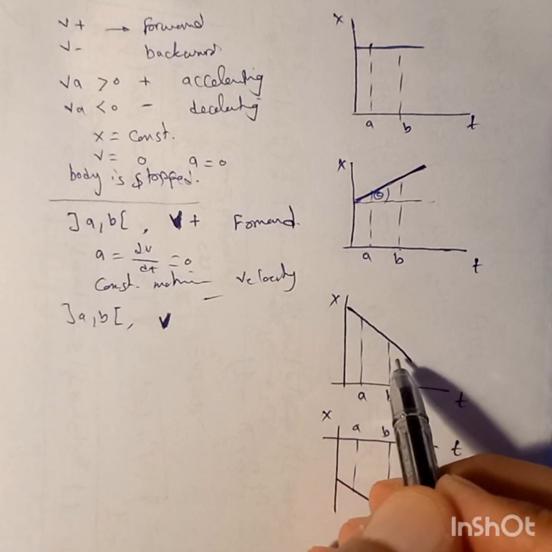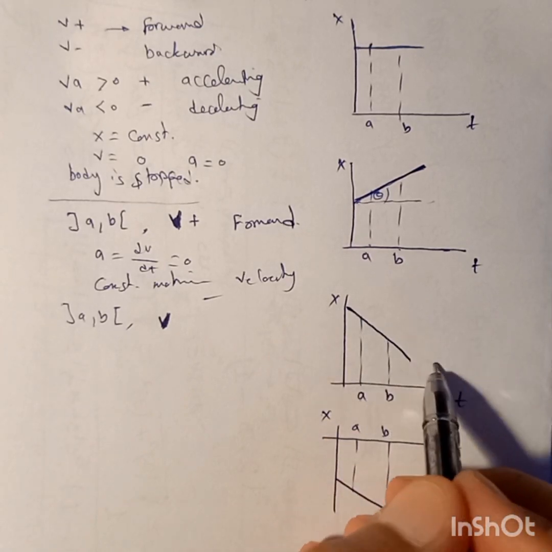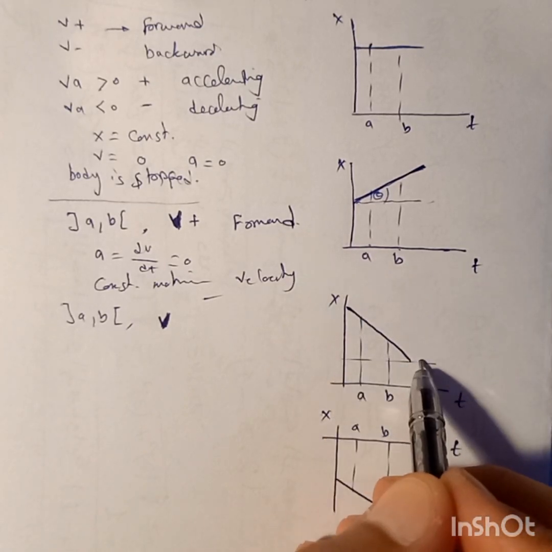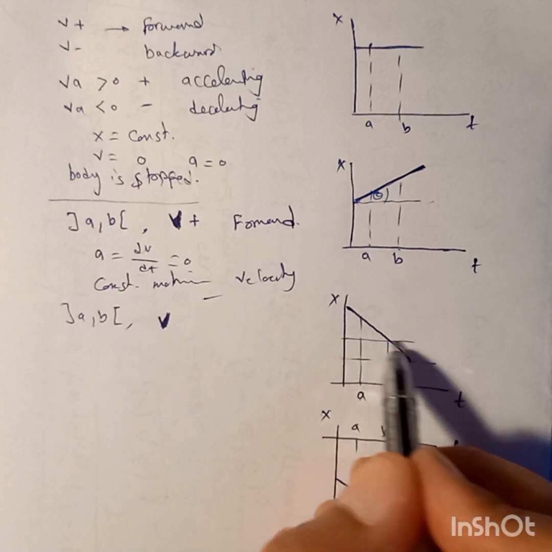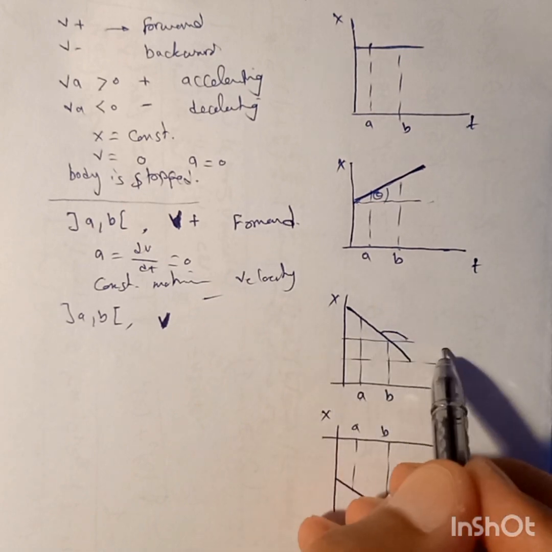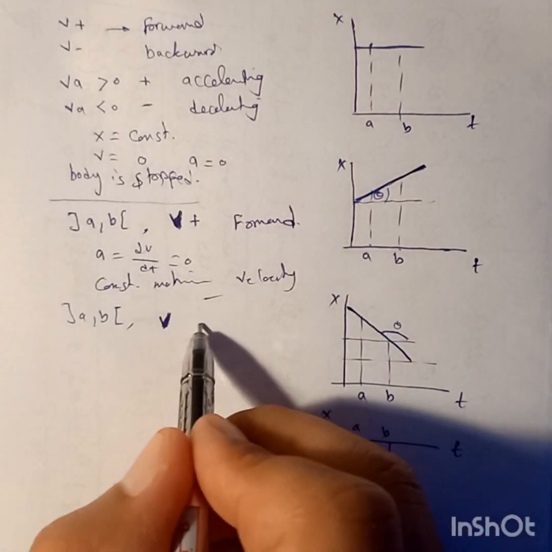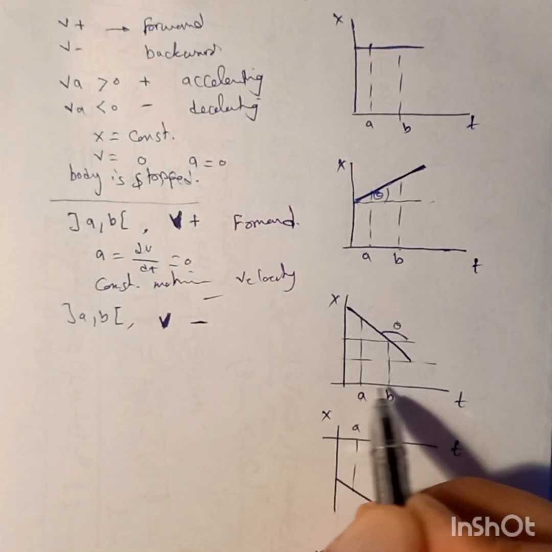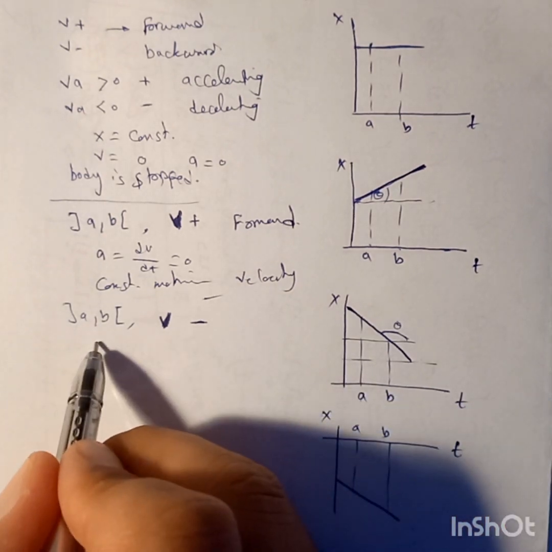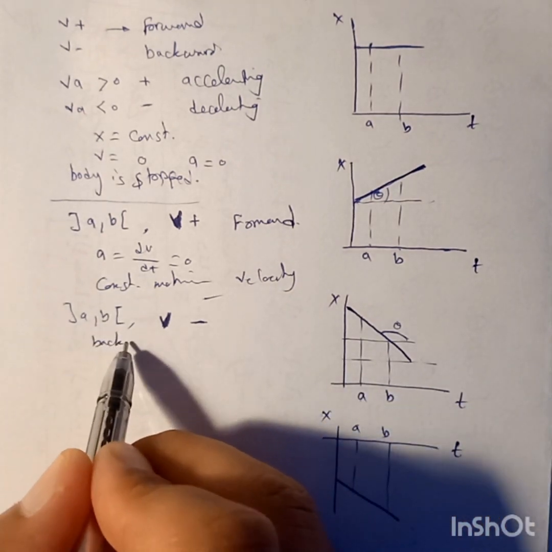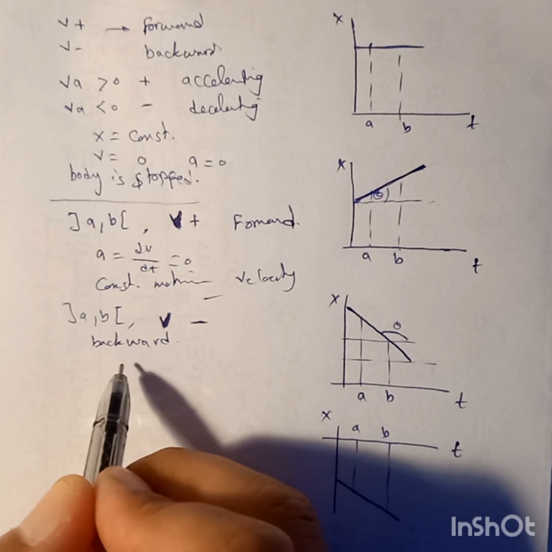The slope of this one is negative, as it makes an obtuse angle, here theta, with the horizontal axis. Then v is negative during the time interval a and b. Then the motion is in the backward direction.